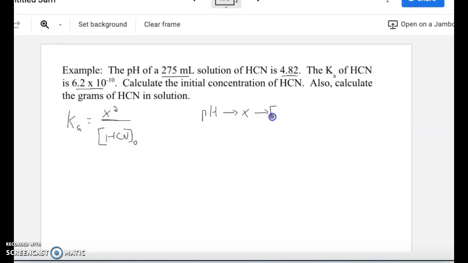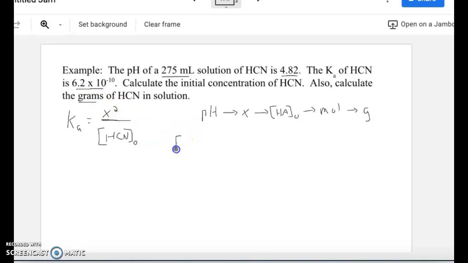So that's going to be the next step. And then once we know our concentration, that's going to be in moles per liter. We know the volume right here. So we can convert this into moles, and then once we know moles, we can determine the molar mass and convert it into grams and get our final answer of grams right there. So that's going to be the process.